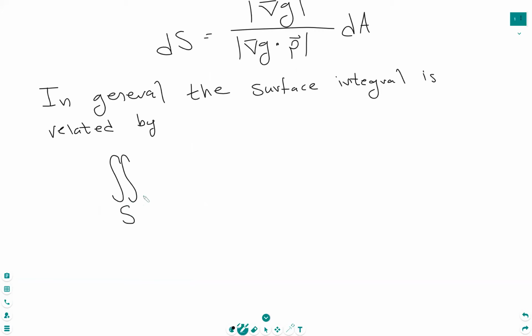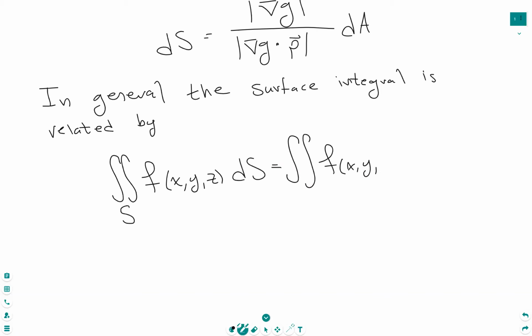So we'll use an S here of some function of x, y, and z. We have some small dS component here. So this is a capital S for surface area. We can relate this to a double integral of f of x, y, and z.